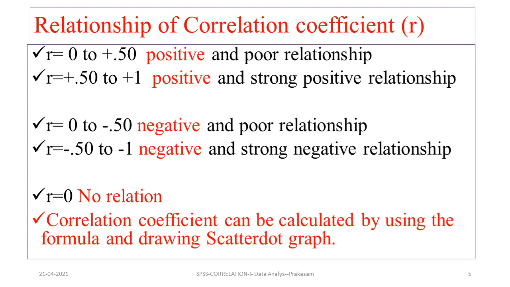If r is in the range of plus 0.50 to plus 1, it is a strong positive relation. Similarly, if r ranges between 0 to minus 0.5, it is negative and poor relation. If r ranges between minus 0.5 to minus 1, it is a strong negative relation. If r equals 0, then there is no relation at all between x and y.